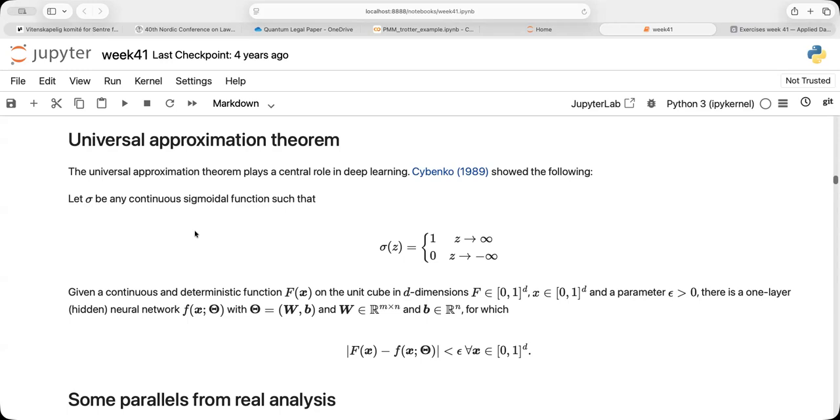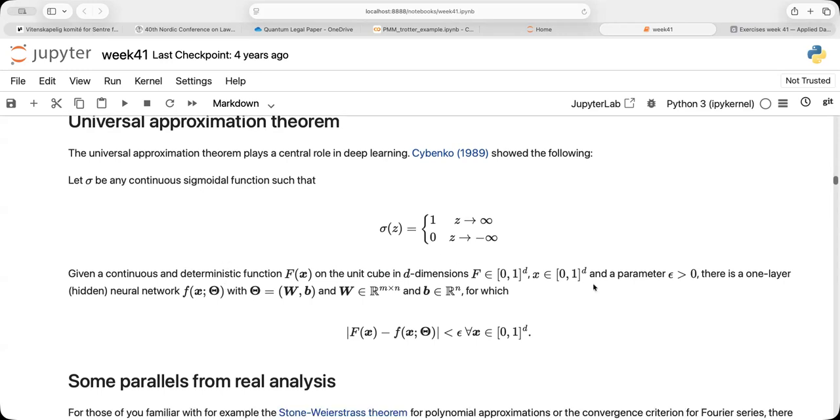Now in 89, Cybenko and then later Hornik, they actually showed that for any continuous sigmoidal function, like the one we've been discussing, given a continuous deterministic function f of x, which is unknown, and a parameter eta larger than 0, then there is a one-layer neural network with parameters theta, where you have the weights and the biases, which we will discuss in more detail.